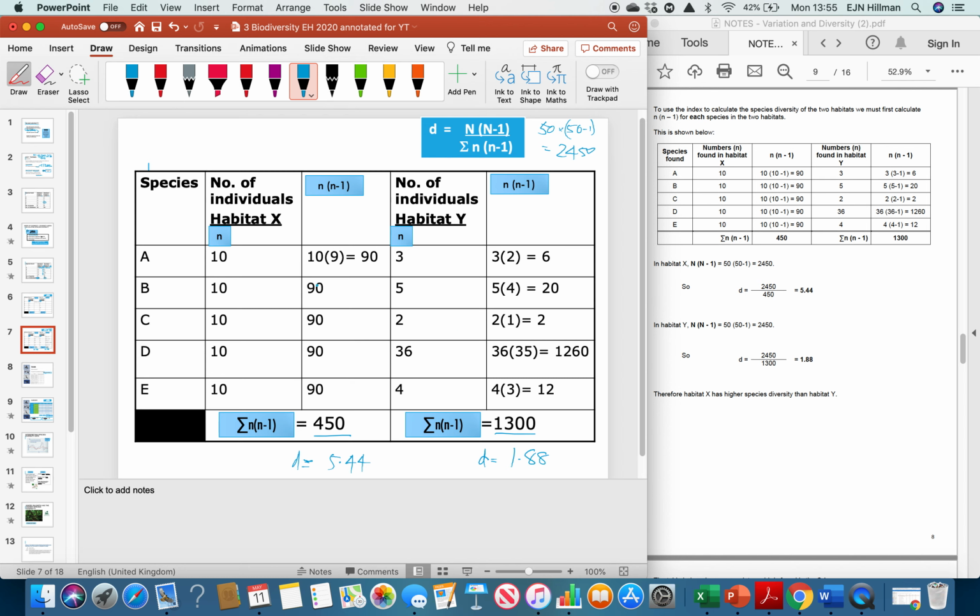Therefore, habitat X has the higher species diversity, or higher value for the index of diversity, than habitat Y. And perhaps we could have predicted that at the start, because we can see there's an evenness to the distribution of species in habitat X, whereas habitat Y is dominated by this species D.